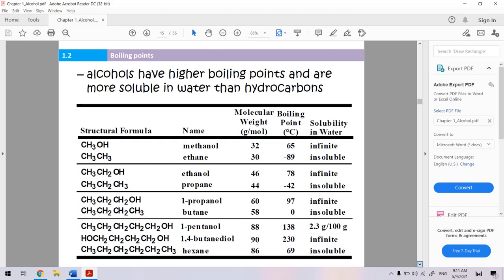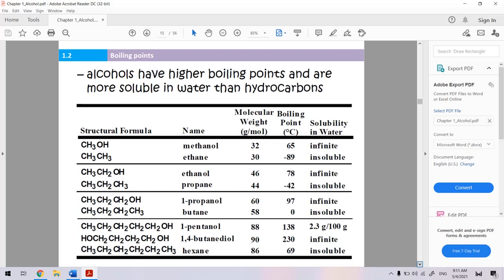This part is hydrophobic, so hydrophobic cannot dissolve in hydrophilic. When this part increases, the solubility in water also decreases. That's why when you see hexane here, you do not have any OH group, so the solubility in water is insoluble.